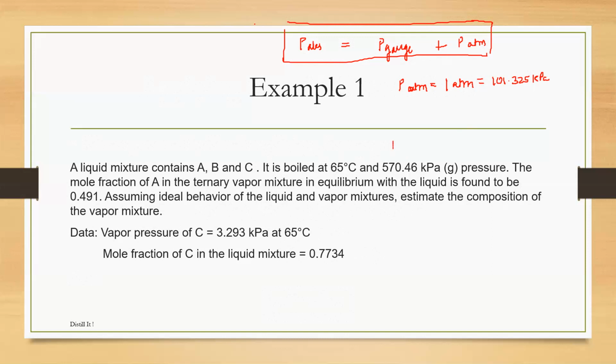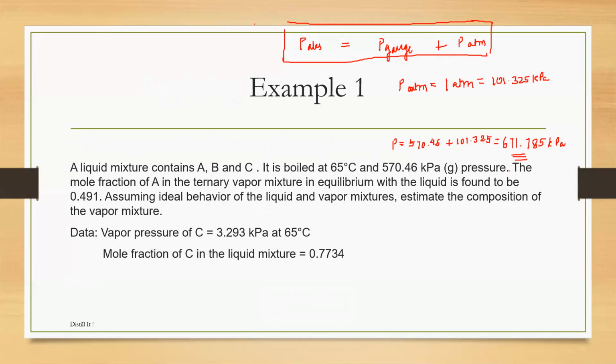Hence, the total absolute pressure here is going to be equal to gauge pressure 570.46 plus atmospheric pressure 101.325. This is equal to 671.785 kilopascal. This is basically the total pressure that we have to consider.